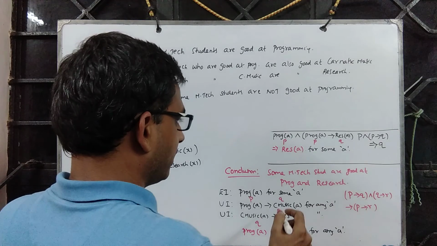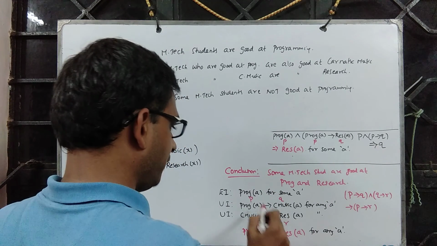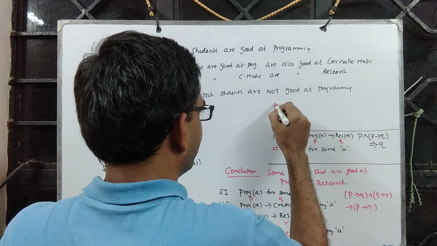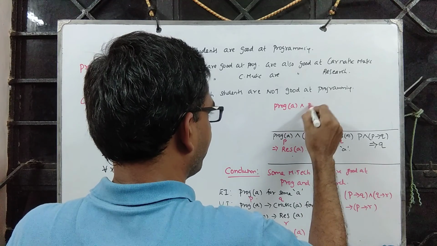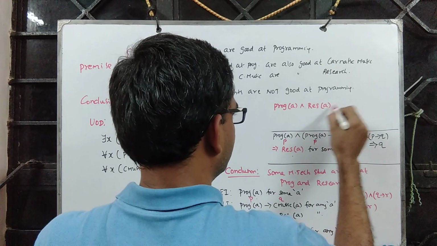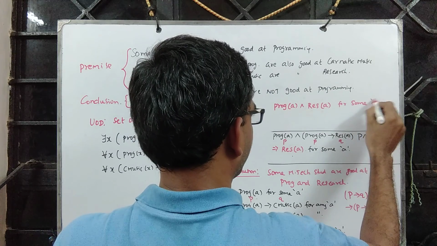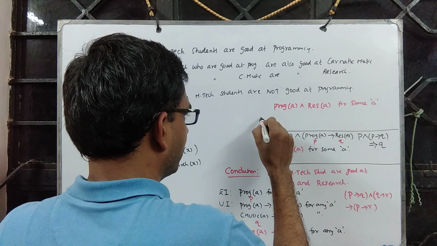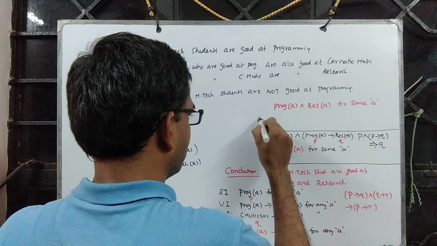Now that we have research of A and we also have programming of A, you can write programming of A and research of A for some A. Now go for existential generalization.